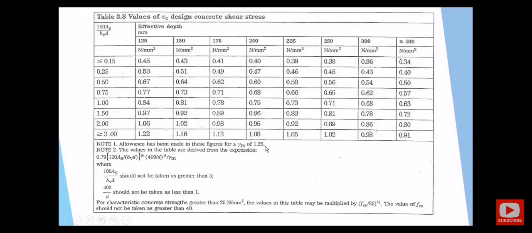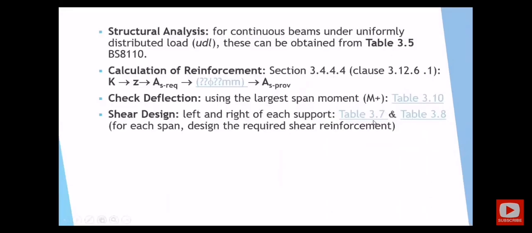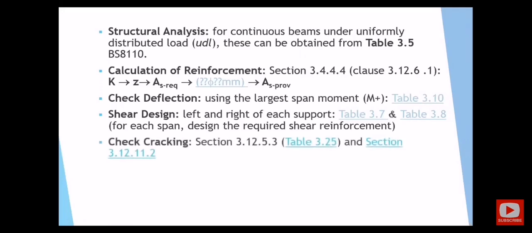From the previous table, we design the shear reinforcement. So table 3.7 and table 3.8: for each span, design the required shear reinforcement. And when I talk about required shear reinforcement, it means you need to know the diameter of the link and the spacing between links. Okay. Then once you did that, you have to check cracking from table 3.25 and section 3.12.11.2.